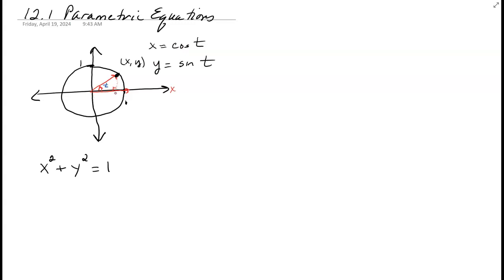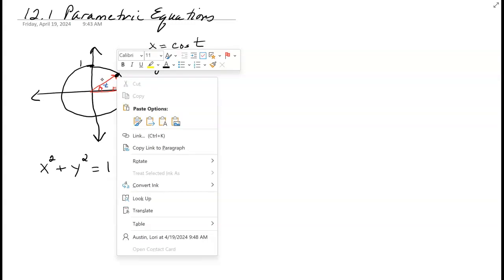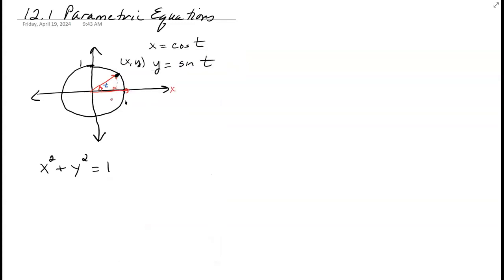The adjacent is going to be the x value of that point. Hypotenuse, of course, is 1. And sine is opposite, which is our y distance over 1. So that's where we get the x and y. This is something you're all familiar with. X equals cosine t, y equals sine t.